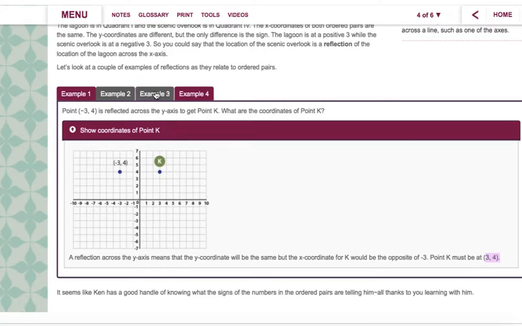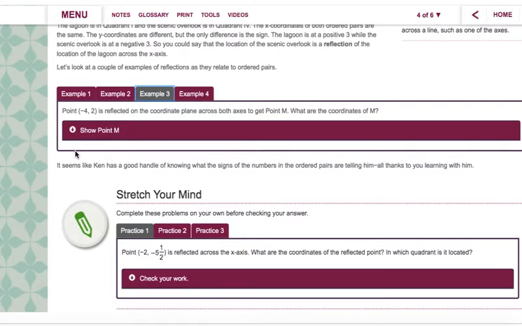Let's look at example 3. Point negative 4, 2 is reflected on the coordinate plane across both axes to get point M. What are the coordinates of M? If we're reflecting across both axes, this is the part where you definitely want to write some stuff down.